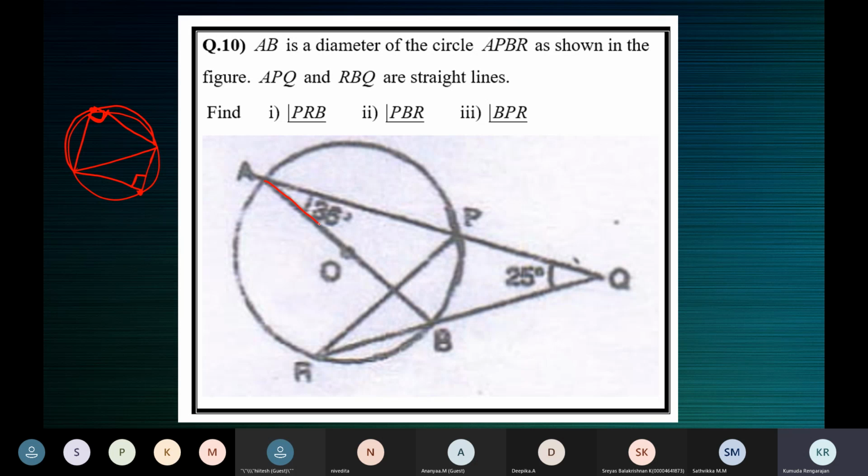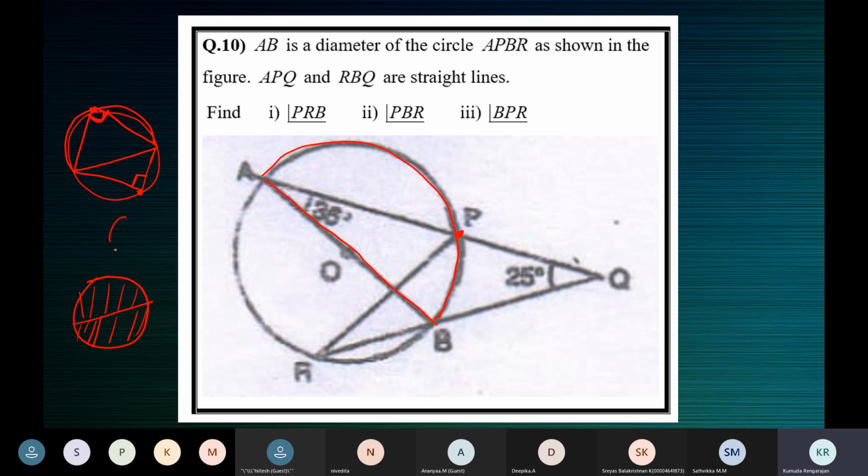AB is the diameter because it passes through O. P is a point on the semicircle. The diameter divides the circular region into two halves, and each half is a semicircular region.